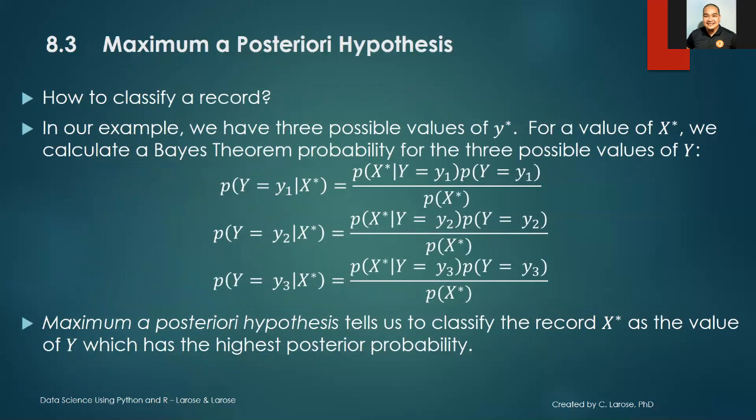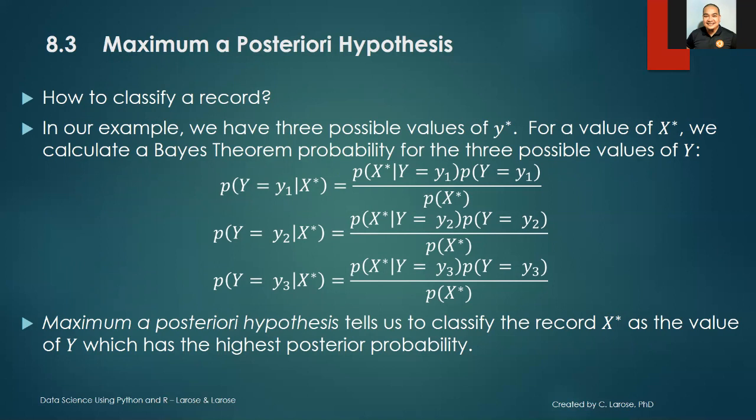How can we use the Bayes theorem probability to classify a record? In our example, we have three different possible values of y asterisk. For a fixed value of X asterisk, we calculate a Bayes theorem probability for each of the three possible values of y based on the equation.